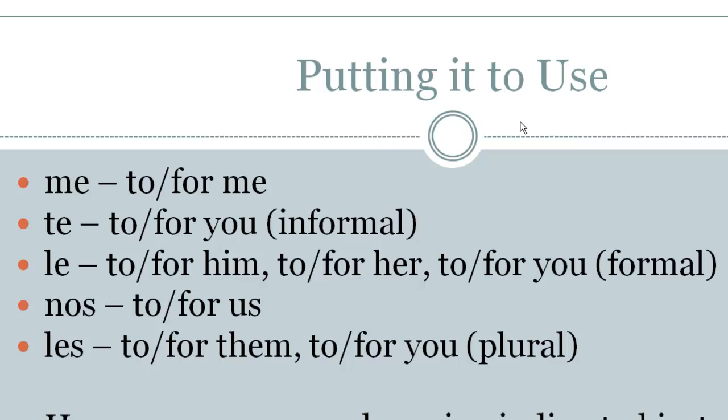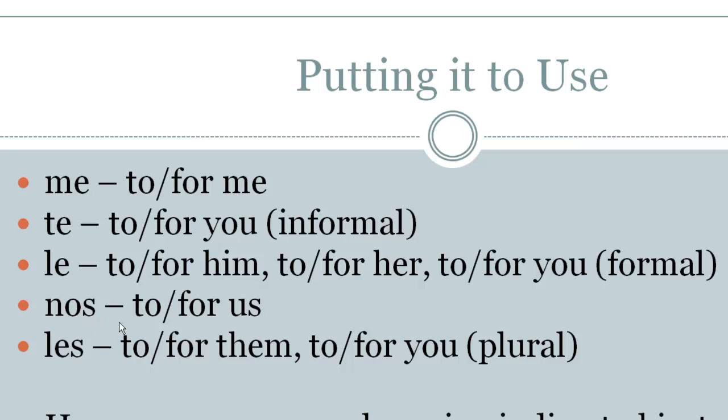So how do we put it to use? For example, me, to say to me or for me. Te, to say to you, informal. Le, to say to him, for him, to her, for her, to you, for you, formal.